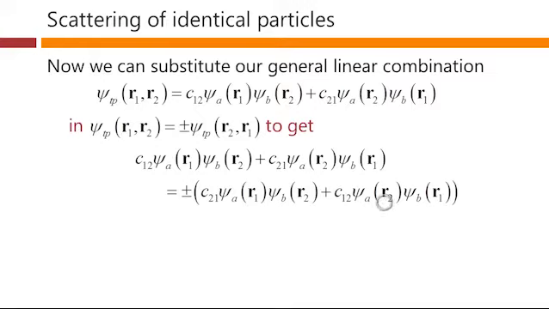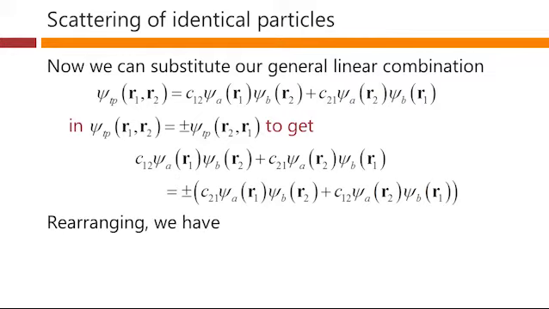Now, I've changed the order of these two in the sum here. So here's C12 psi A of R2, psi B of R1, and C21 psi A of R1, psi B of R2. And I put the plus or minus out the front here.